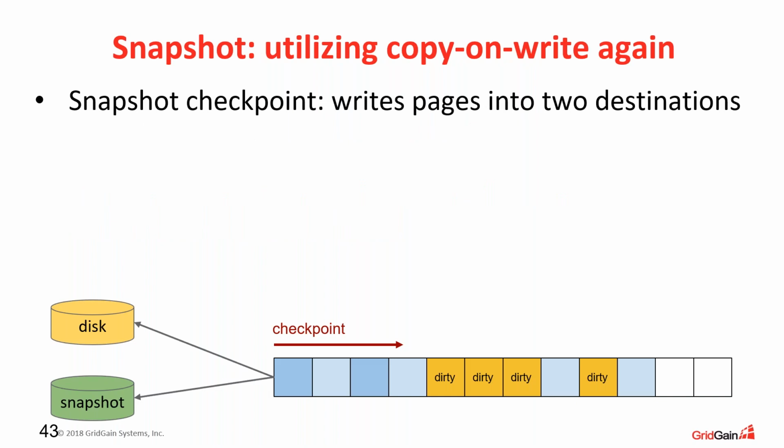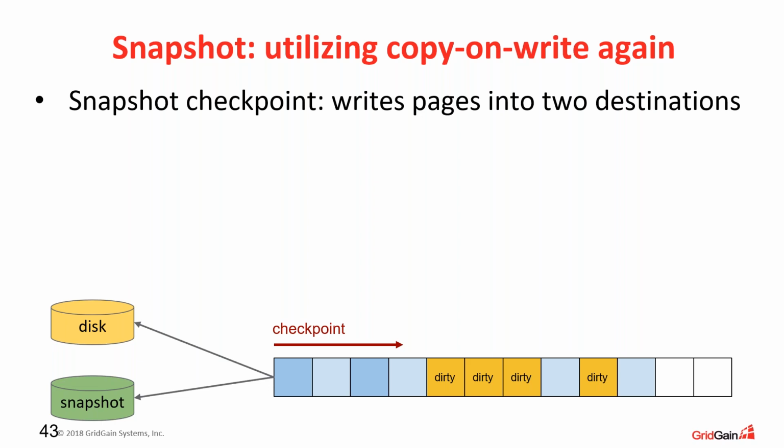To make this possible, let's create an entity which is called snapshot checkpoint. Snapshot checkpoint is not a term from any technical literature. I'll just name it this way, and I will reference a snapshot checkpoint a few more times during the presentation. A snapshot checkpoint consists of two parts.